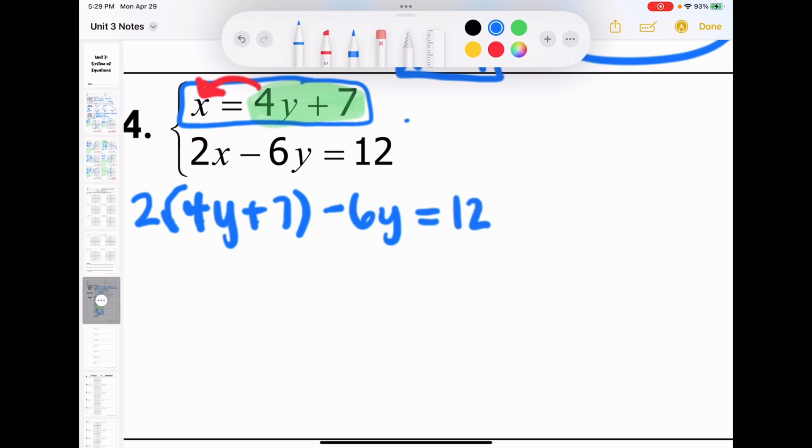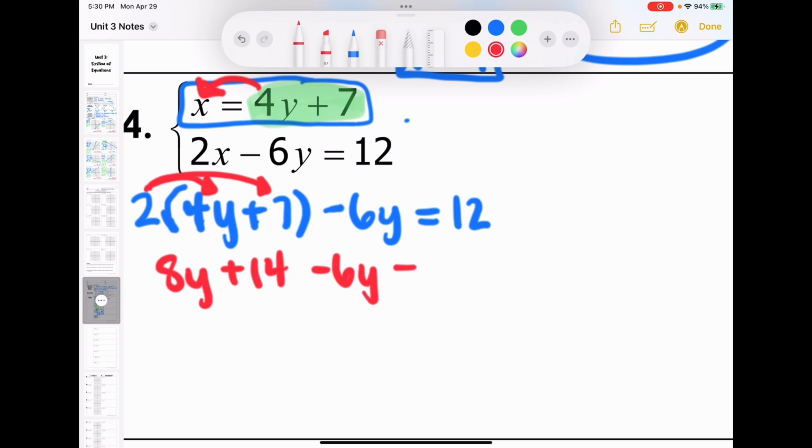All right, when you're solving, you want to get rid of the parentheses, so I distribute the 2, which, distribution, that means multiplication. So 2 times 4y is 8y, and 2 times 7 is 14. And I bring down the 6y and the 12. So we want to get our regular numbers on the right side and our letters on the left side. So I need to move this positive 14 by subtracting it.